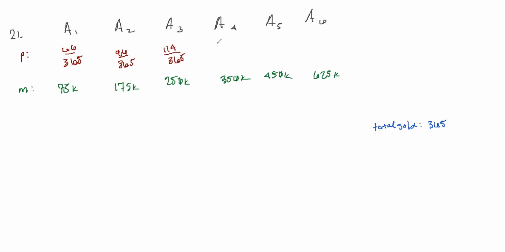We have 46 over 365. And you can kind of see that the number begins to taper off the more expensive they get, which does make sense, logically speaking. We're going to sell more homes that are worth $250,000 as compared to $625,000.